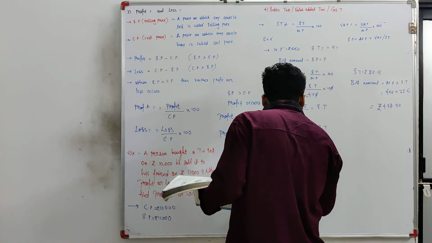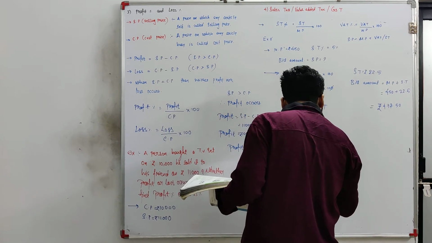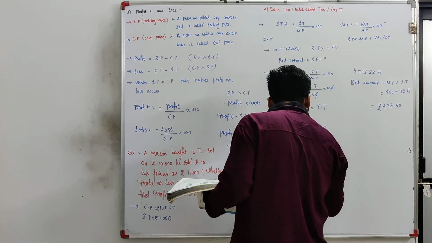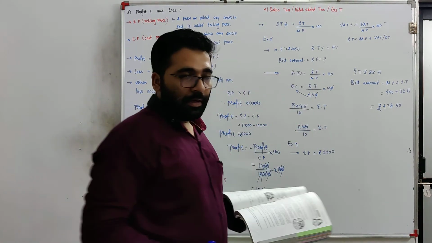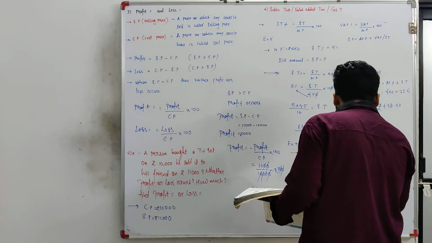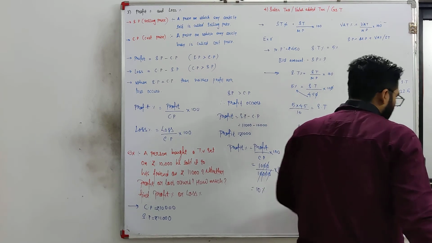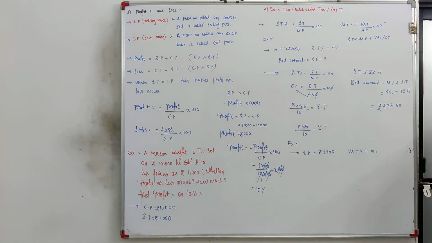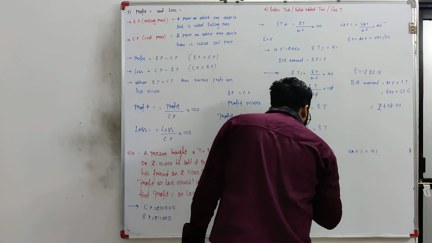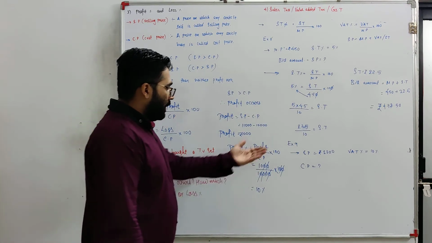So here the cost price is rupees 3,300, bought by Wahida, it means selling price. And VAT percent is equal to 10%. I need to find the cost price or mark price before adding the value added tax.